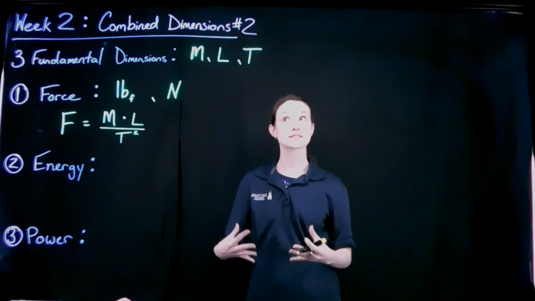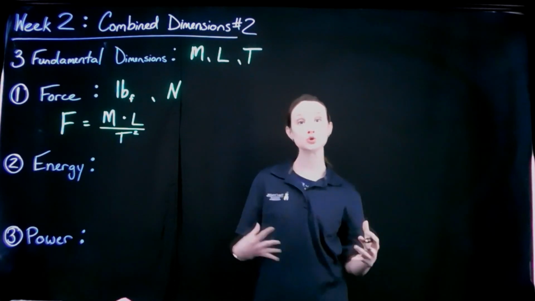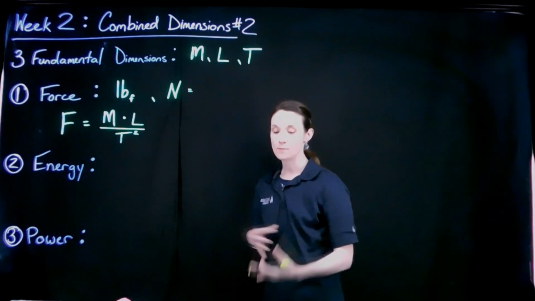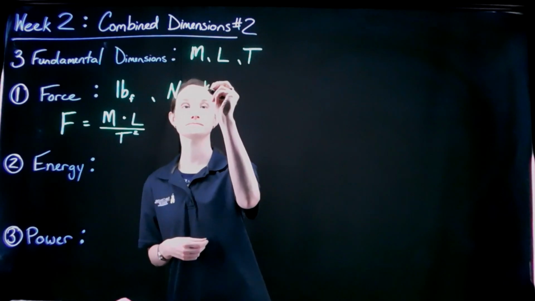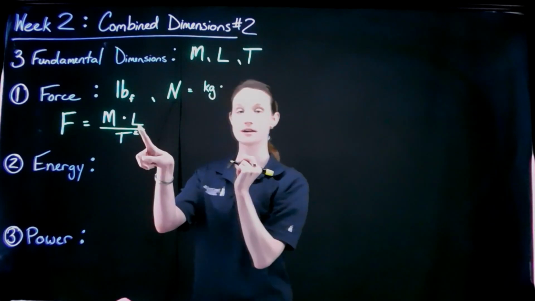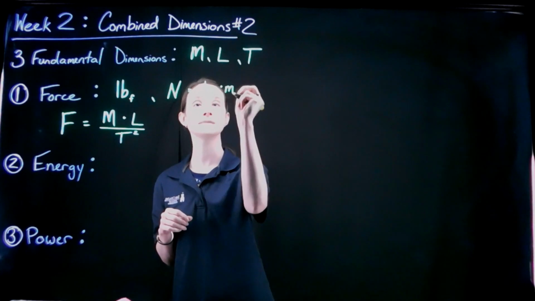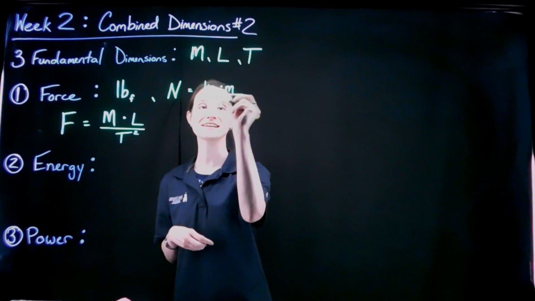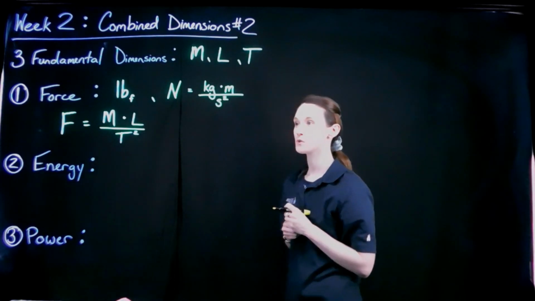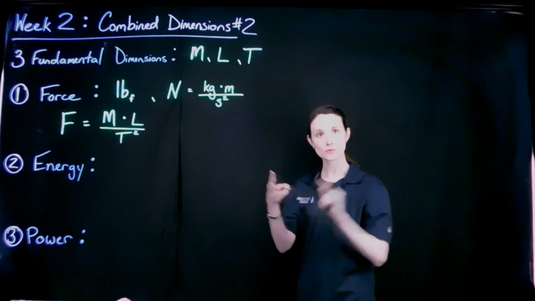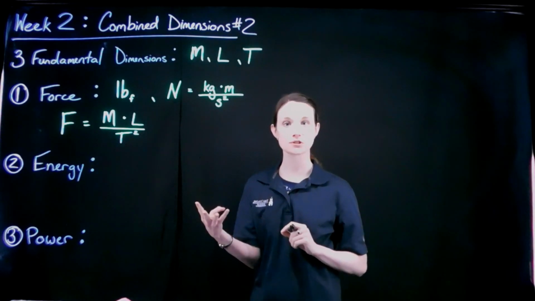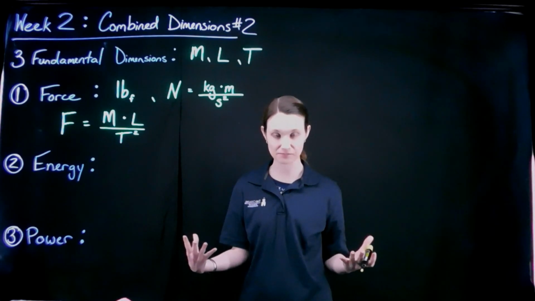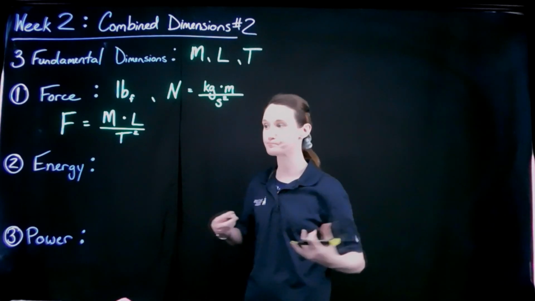That gives us the breakdown of how we get to newtons in our SI system: the fundamental unit for mass, kilograms, times our fundamental unit of length, meters, divided by seconds squared. So we used mass, length, and time to give us force. Pushing on something, pulling on something, we have an idea of what a pound is.